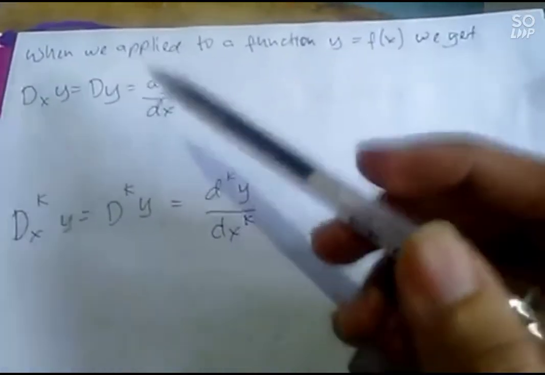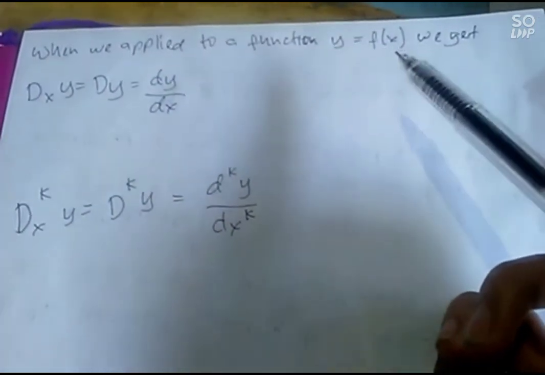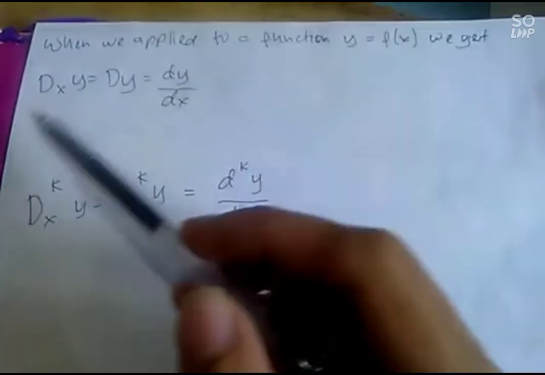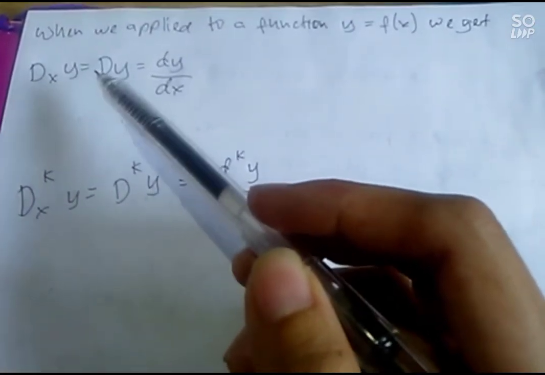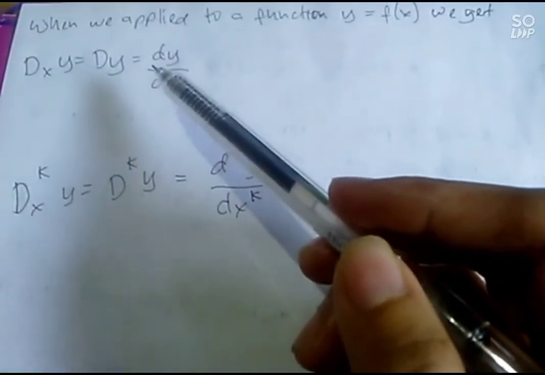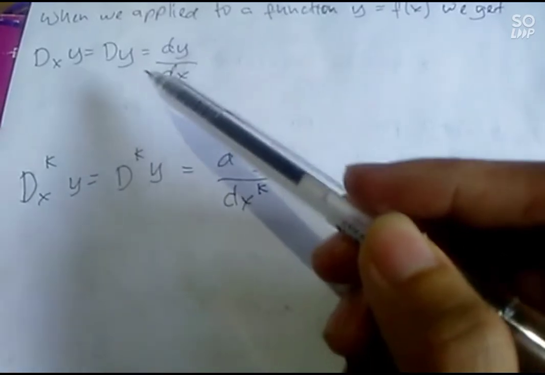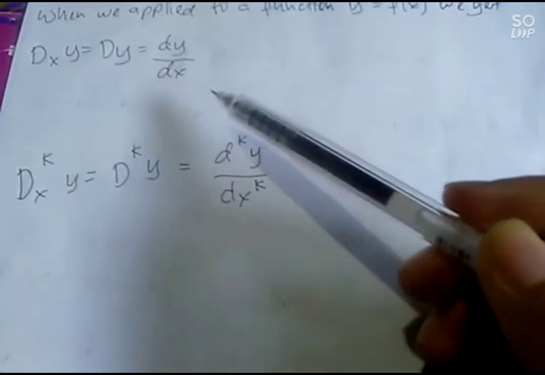Okay, when we apply it to a function y equals f of x, we get D subscript x followed by y, or also D followed by y, which equals the derivative of y with respect to x.